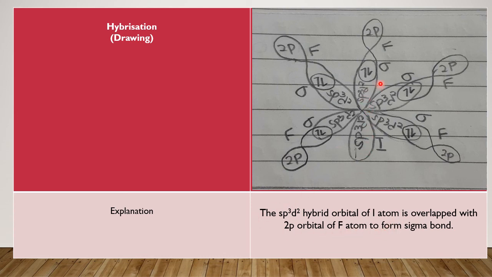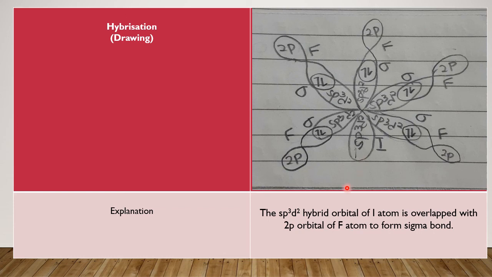You can see the sp3d2 hybrid orbital of the I atom overlaps with a 2p orbital of the F atom to form a sigma bond. The same goes for all the others. We don't have an overlap here because this part is for the lone pair.